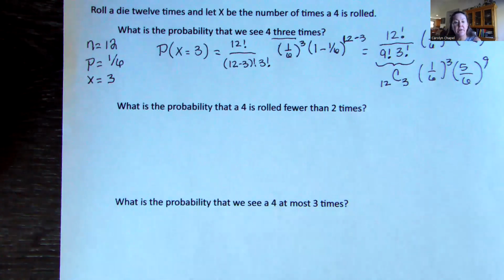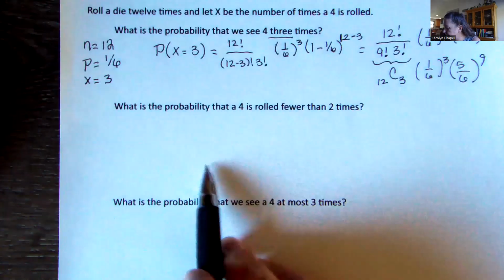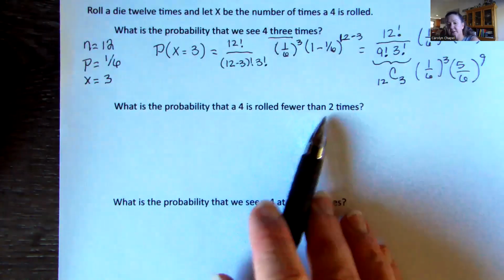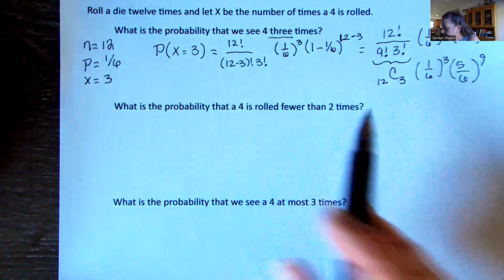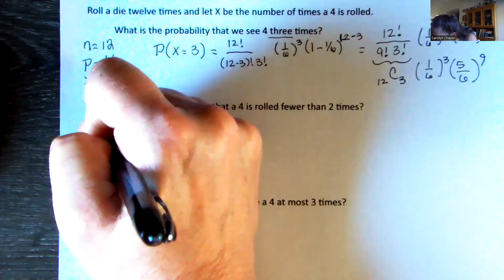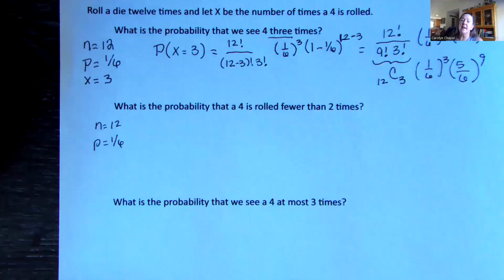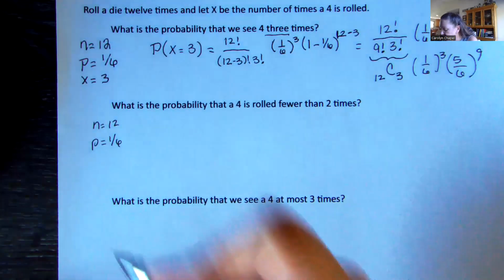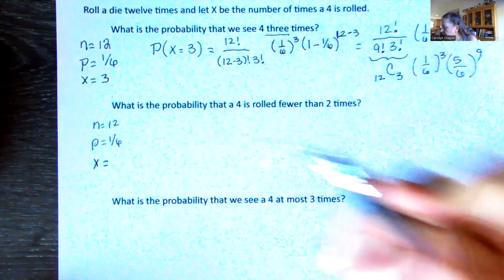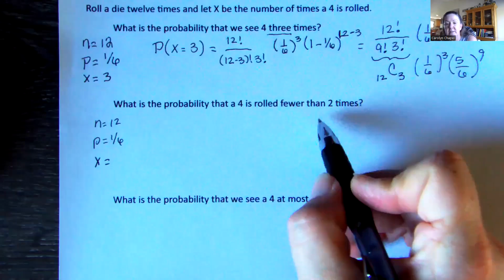Here we have, what is the probability that a 4 is rolled fewer than 2 times? Again, my n is still 12, p is 1/6, because our experiment has not changed. We're just changing our x. Now our x is how many times we see that success.